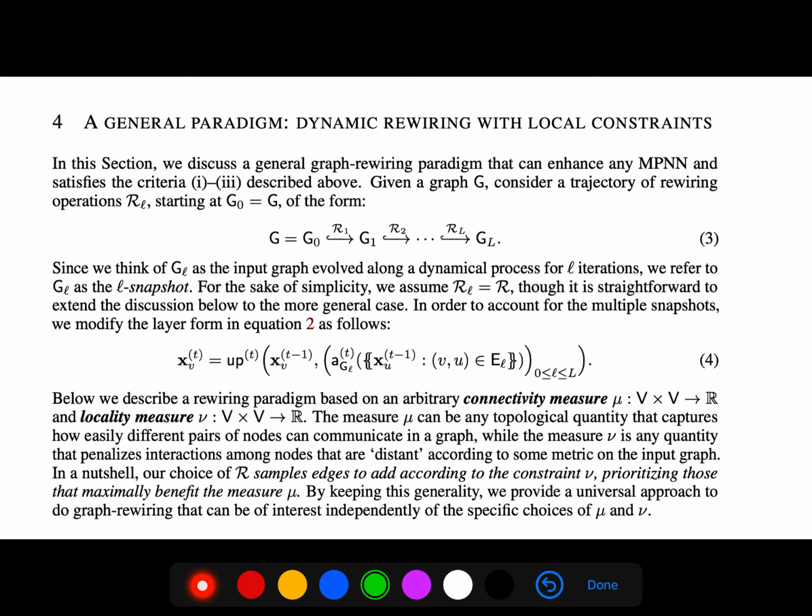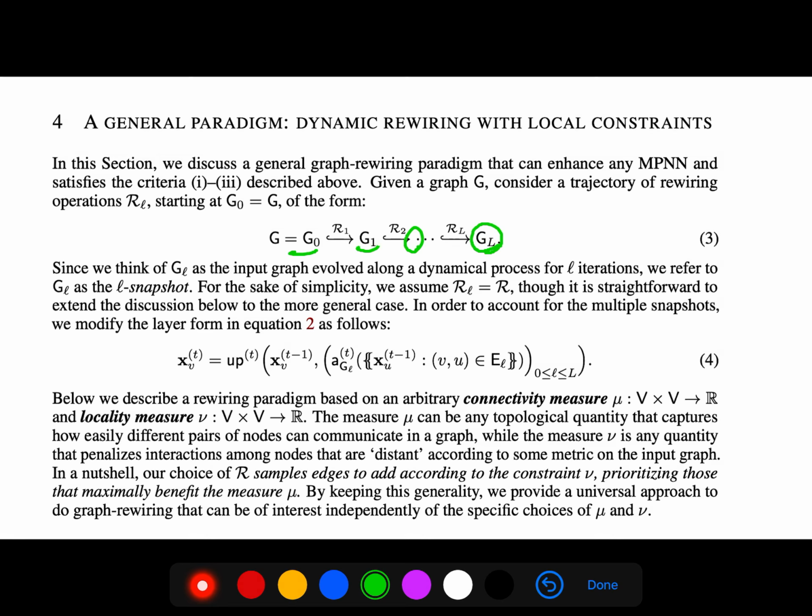So consider a trajectory of rewiring operations. We go from graph G0, we do rewiring, it becomes graph G1. Another rewiring, it becomes graph G2, until the L-th rewiring that becomes graph G sub L. So we think of G sub L as the input graph evolved along a dynamical process for L iterations.